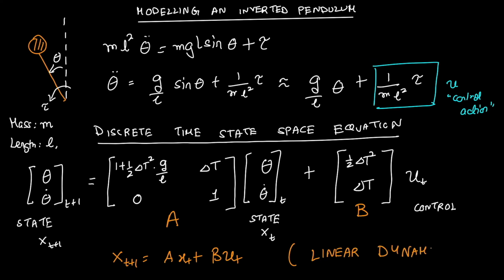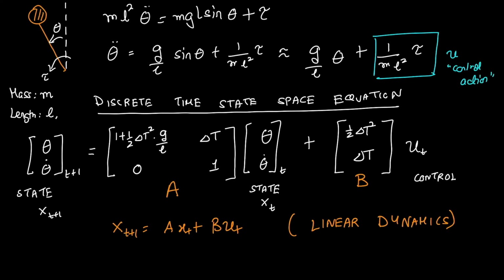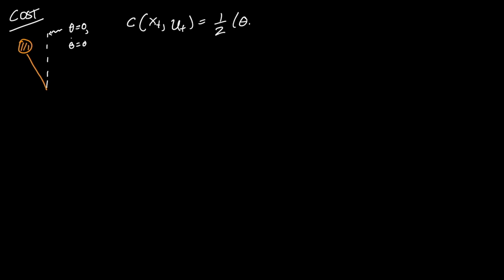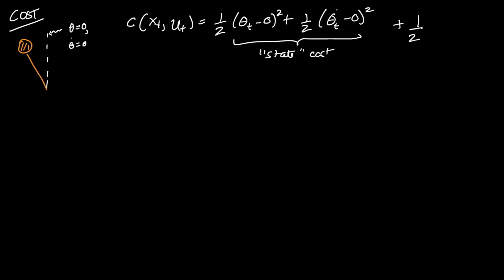Okay, what should we set as the cost? Let's define a quadratic penalty for the pendulum not being at the equilibrium theta equal to 0, theta dot equal to 0. Let's also add a penalty for applying a lot of control input. For example, the square of the control input. So we can call the first term the state cost and the second term the control cost.